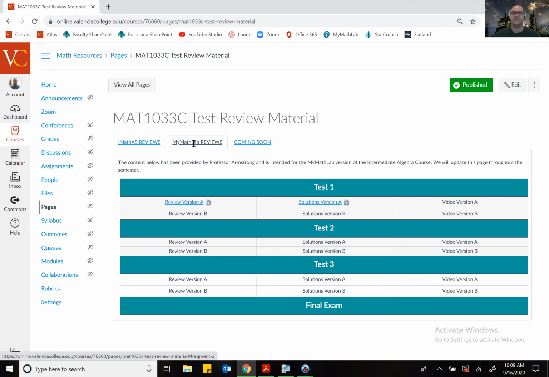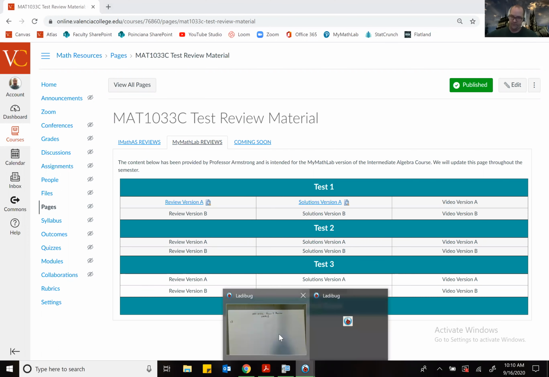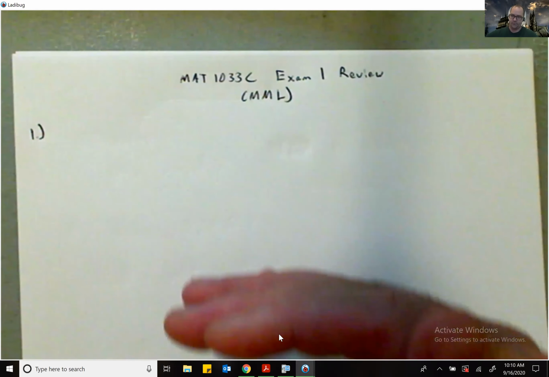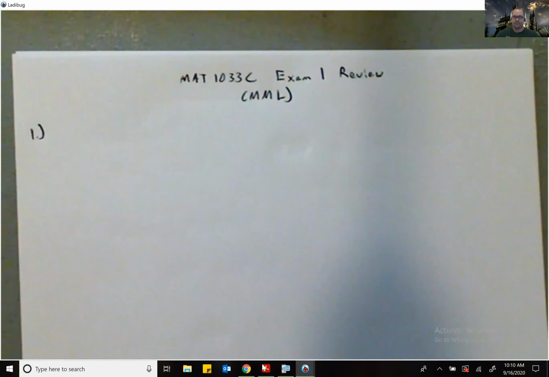And because this is really our first year doing that in the fall of 2020, we're creating all of the version A's this semester. So here is the blank review. Here is an answer key, but it will soon be updated because we are going to work on the full worked out solution guide right here together.